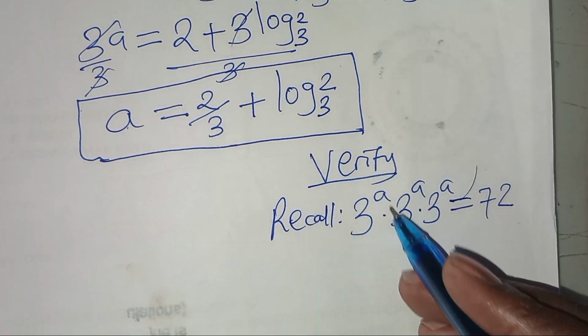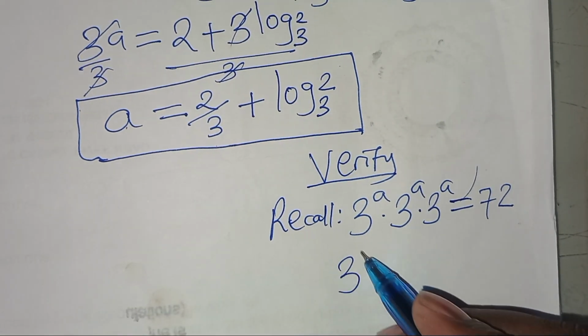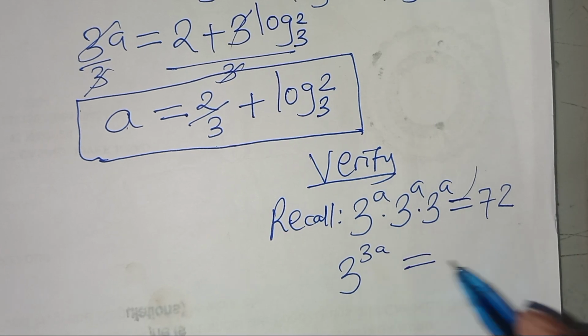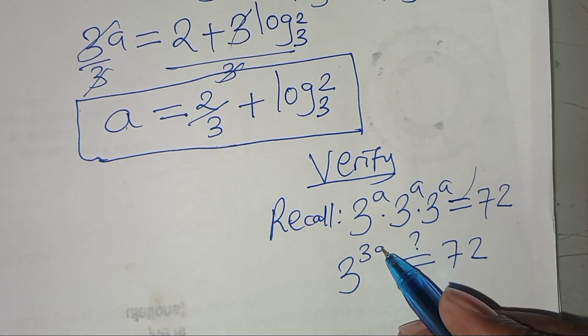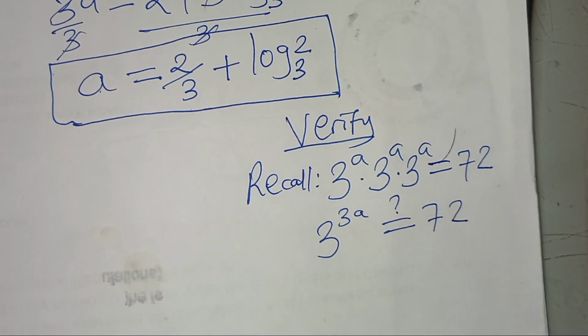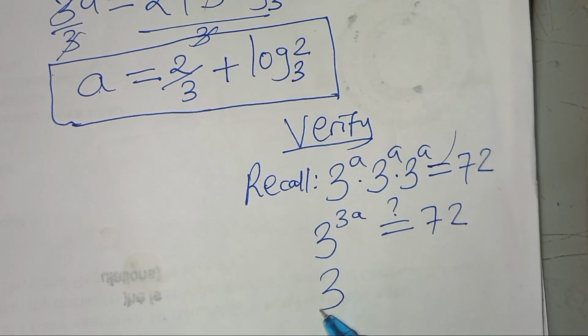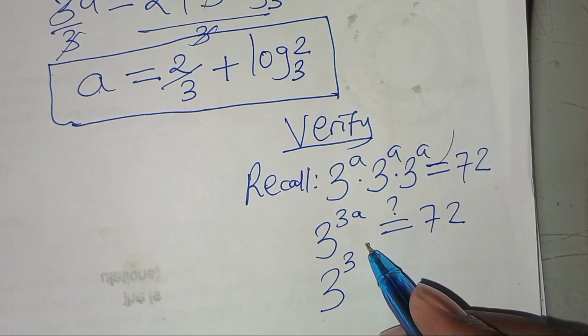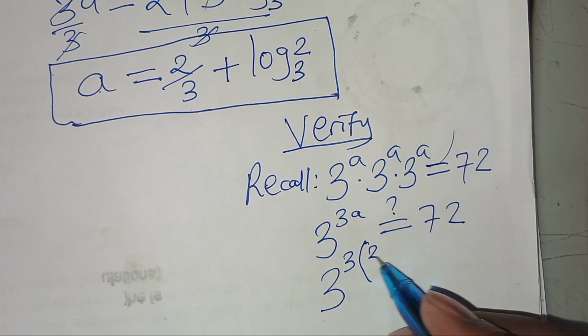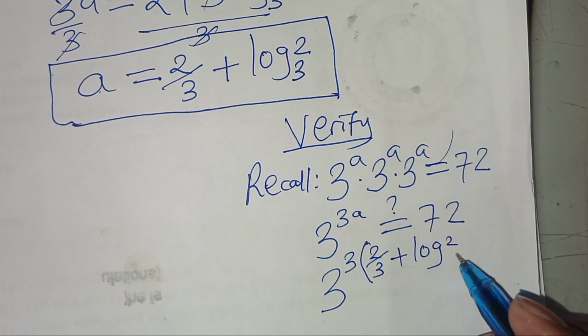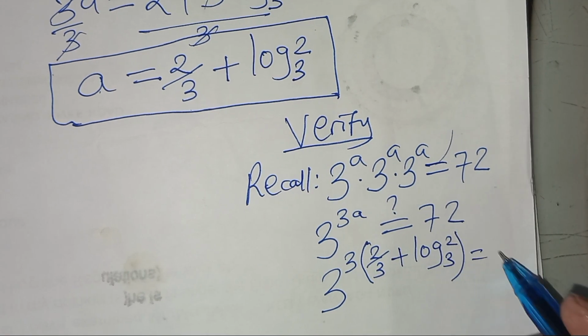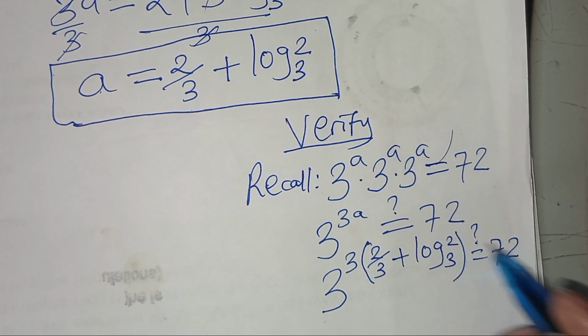We simplify this further to 3 to power 3a, which is equal to 72. Let's substitute the value of a, so that now we'll have 3 to power 3 times the parentheses 2 over 3 plus log 2 to base 3. This should give us a value of 72.